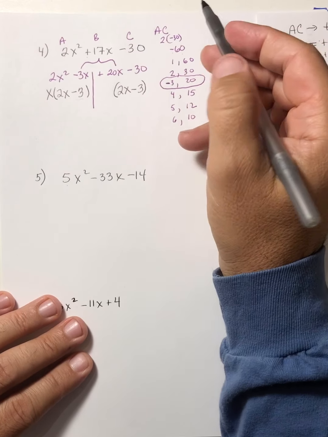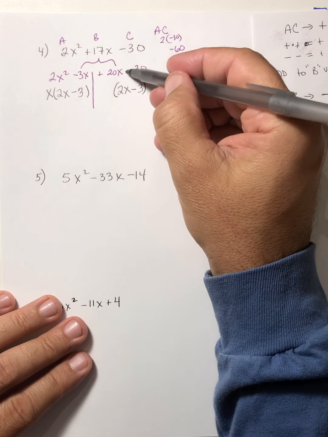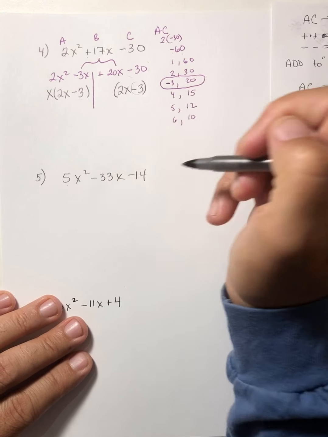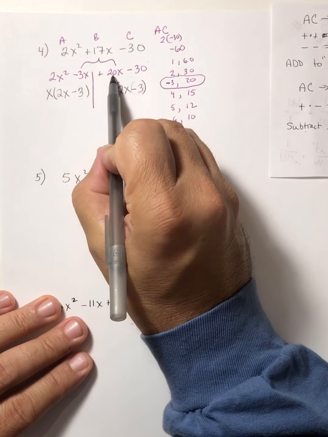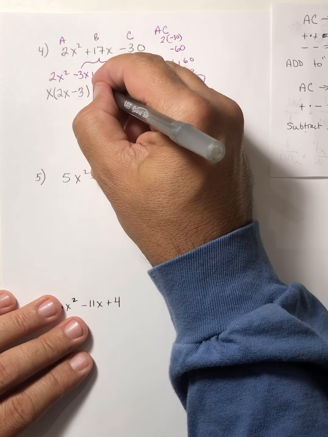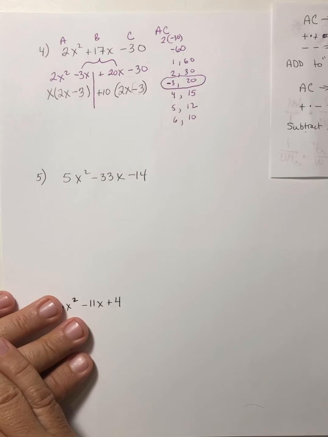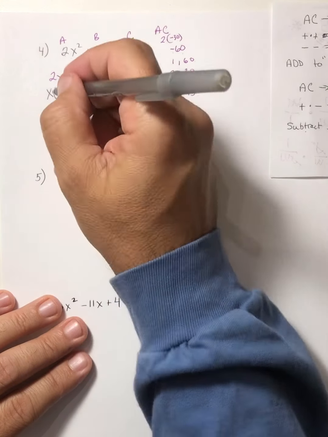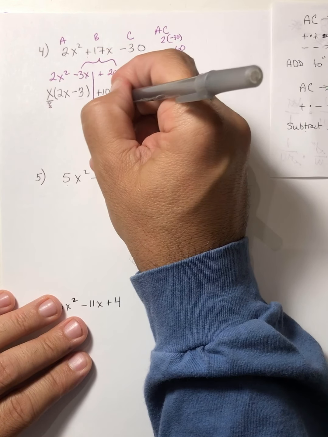And I'm going to use that little shortcut again. Negative 30 divided by negative 3 is what? That's right, it's 10. What's the greatest common factor between a 20 and a 30? That's right, it's 10. So plus 10. If you can get down to here, you guys are done. So there's one of your parentheses.